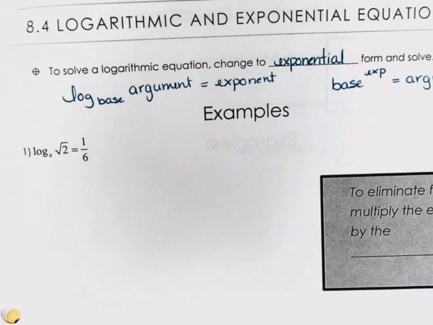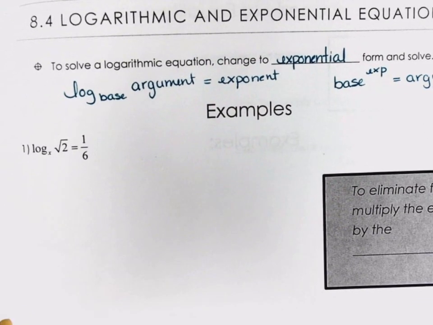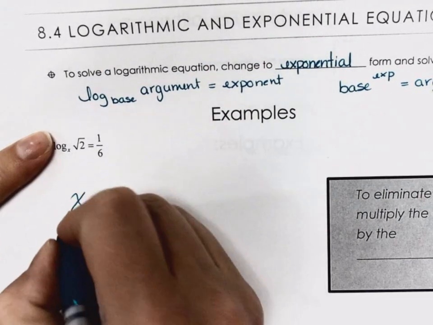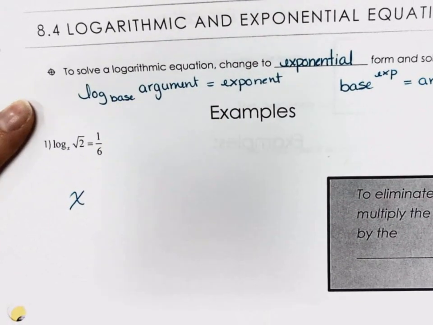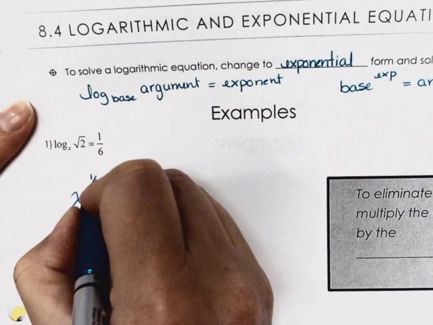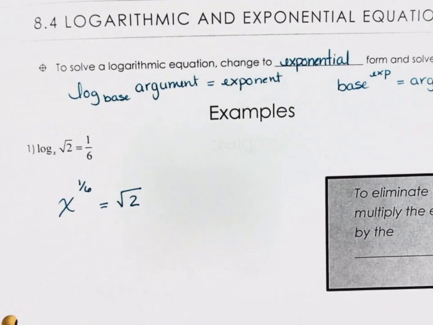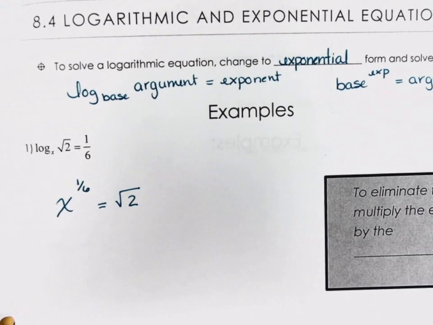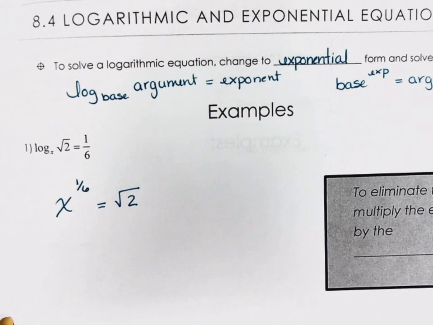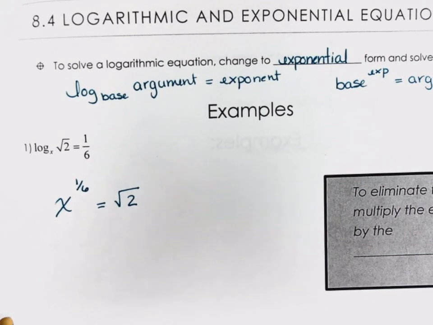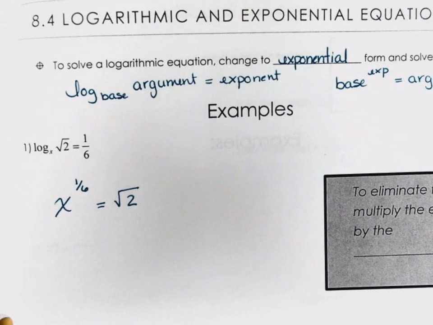Okay, so we're switching it. It's in logarithmic form. So we know we have a base of x. We have an exponent of 1/6, and that's equal to root 2. Okay, everybody good with that? I just switched forms. I'm pretty comfortable with doing it, but you guys are just learning it.